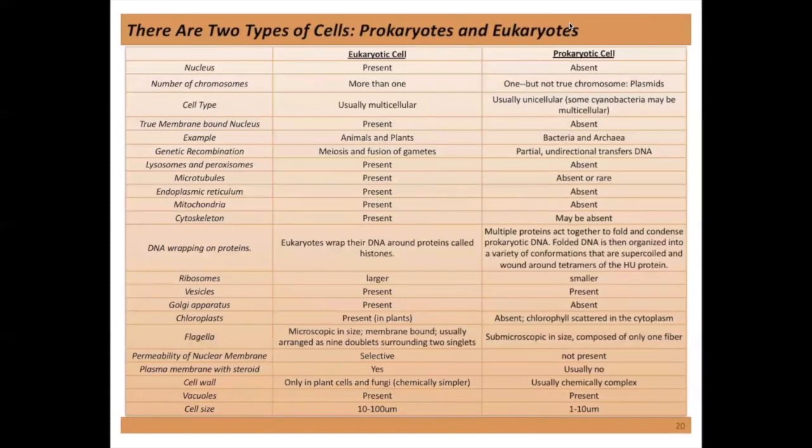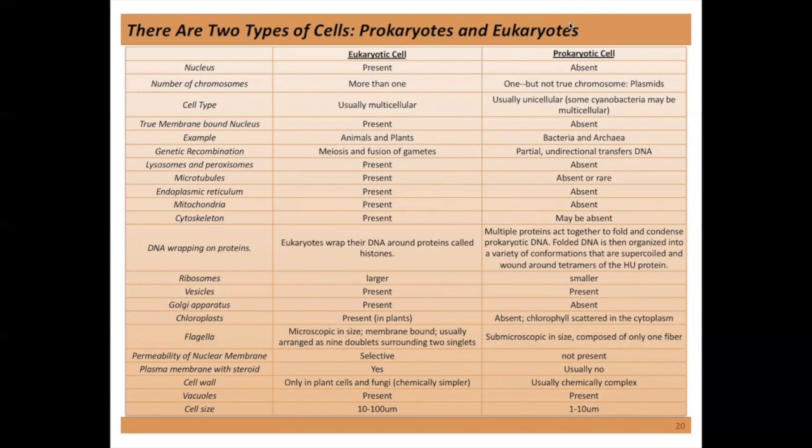And so here is one way that we classify life, and that is between 2 types of cells, the prokaryotes and the eukaryotes. The biggest thing for a eukaryotic cell is that it has a membrane-bound nucleus, which is not found in prokaryotic cells.